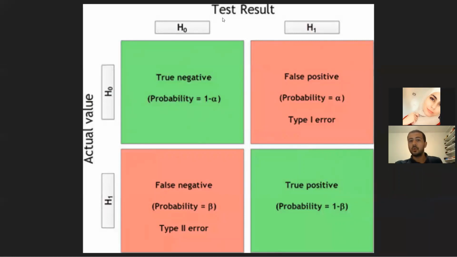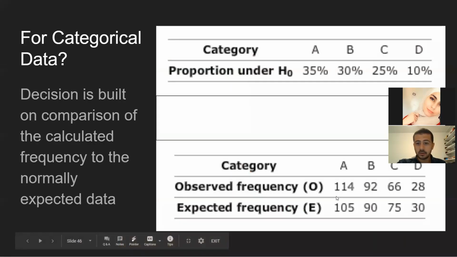So we have the test results, and when I'm doing the statistical test, it will give me a number, but it will give me something that says those are similar or those are not similar. What is this number going to give me?